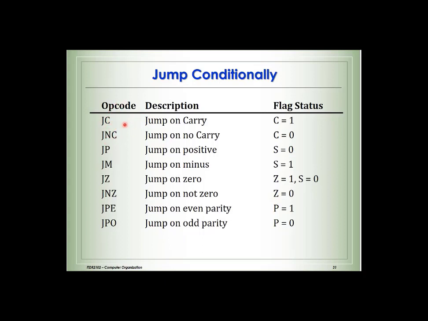If the condition is satisfied, then the flag register will modify its status. For example, jump if carry, jump if no carry, jump if positive, jump on minus, jump if 0, jump if not 0, jump if even parity, jump if odd parity.